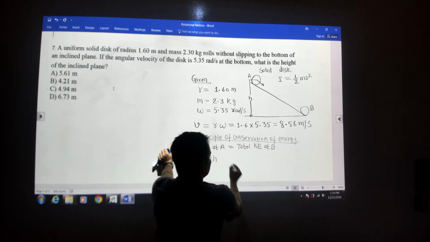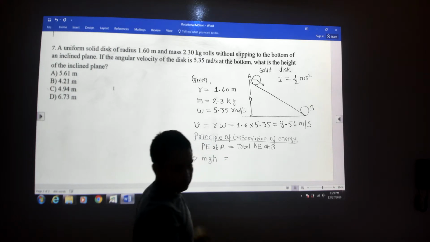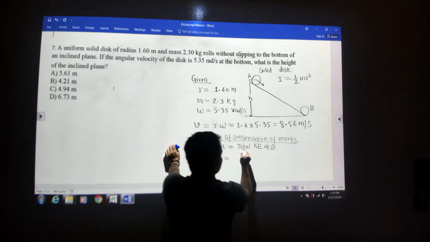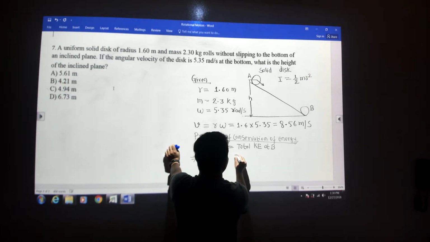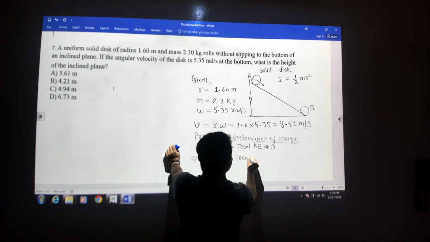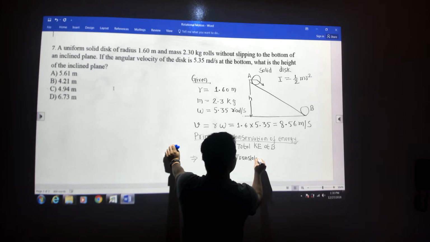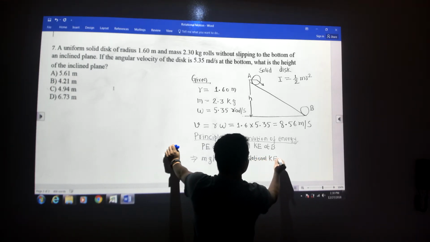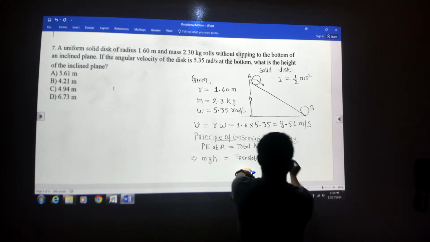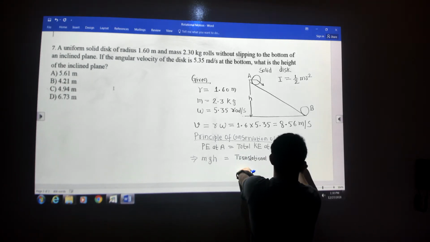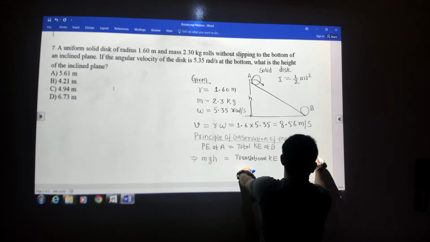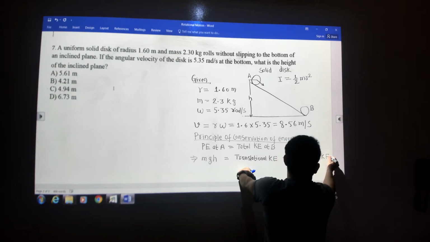And this one has two types of energy: one is the translational energy and the other is the rotational energy, the total kinetic energy. Translational kinetic energy plus rotational kinetic energy.